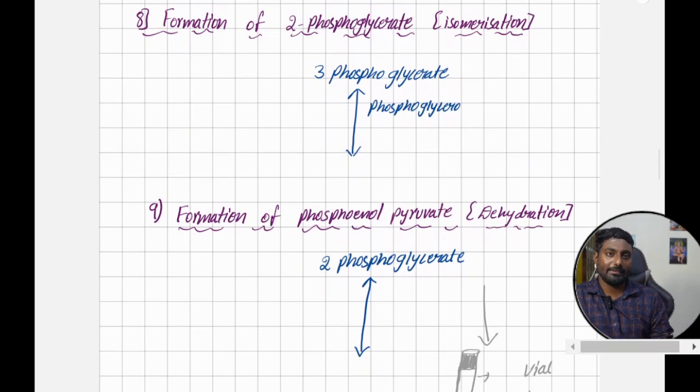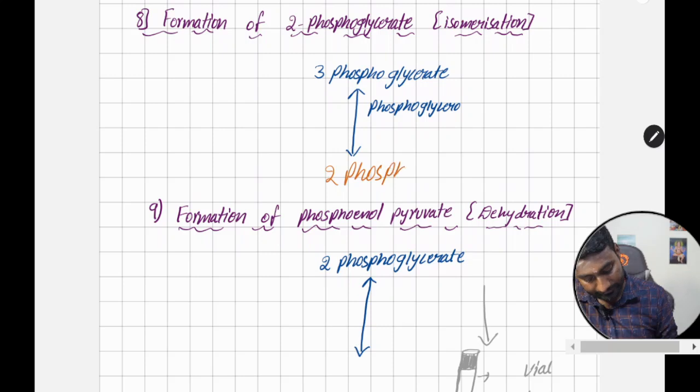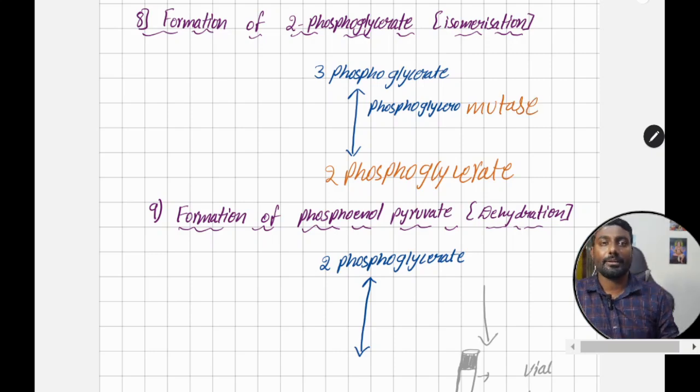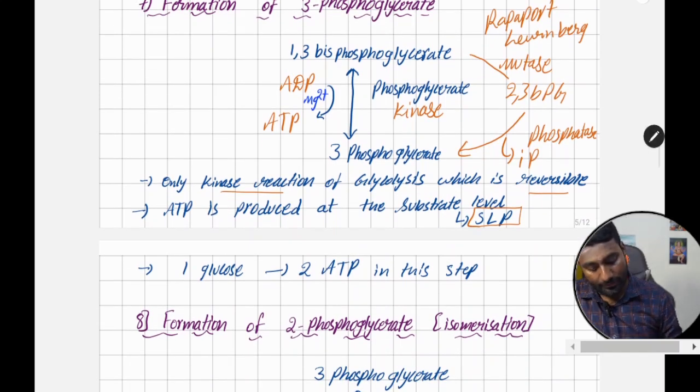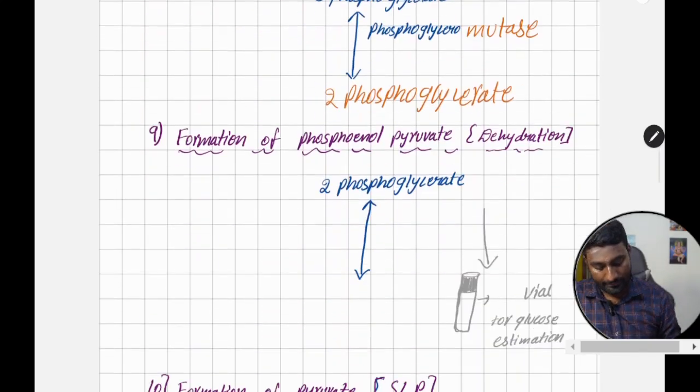In the next step, there is an isomerization happening where this 3 phosphoglycerate is getting converted into 2 phosphoglycerate with the help of the enzyme phosphoglyceromutase. Okay. See, I forgot to tell this. If in this reaction this is going to the Rappaport-Leuenberg cycle, there is no formation of ATP. Okay, just remember that point, students.